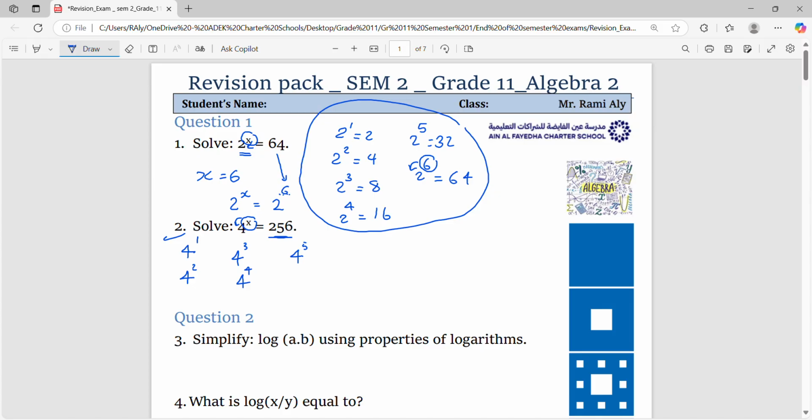It means the correct answer is 4, because 4 power 4 is the one which gives me 256. So what is the value of x? What is the solution? x equals 4. Why 4 in particular? Because if you put 4 instead of x as the power here, you'll get 256. I think there is no chance for anyone to lose this question.